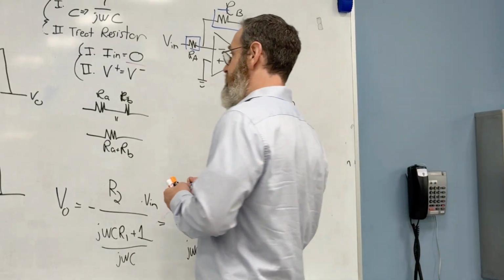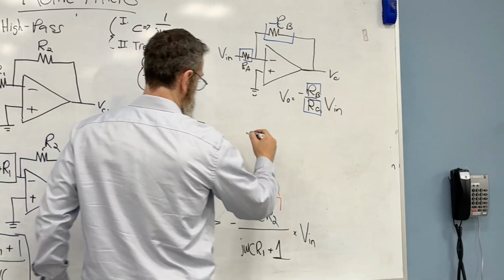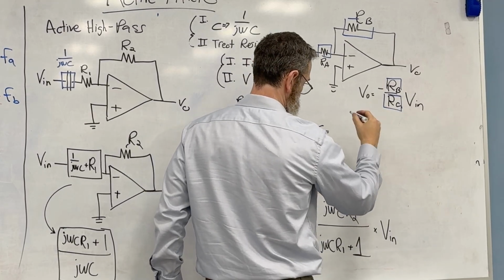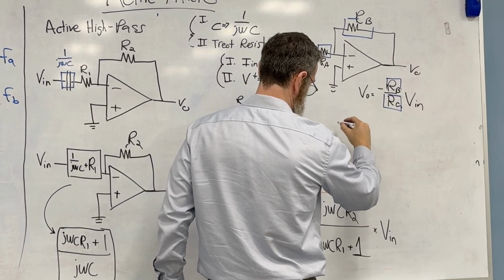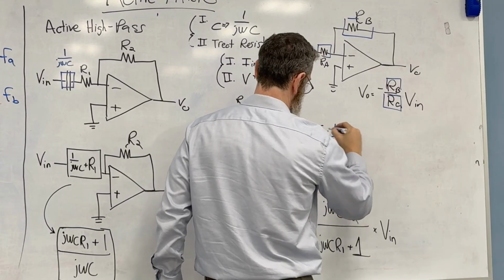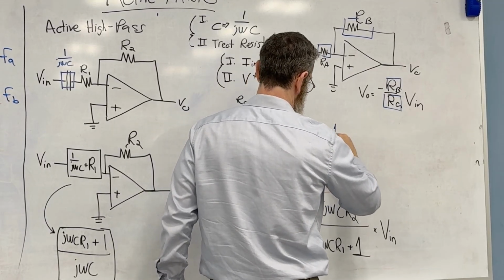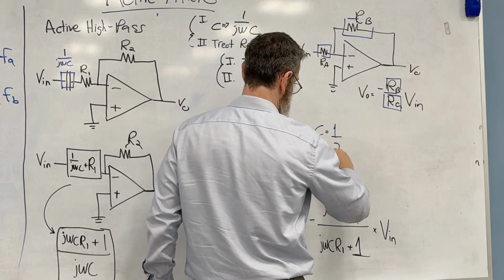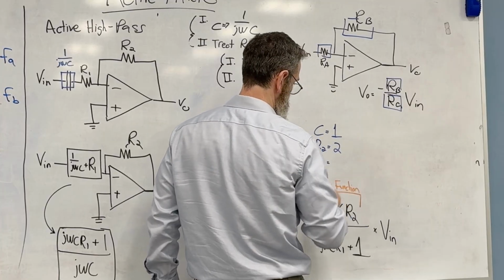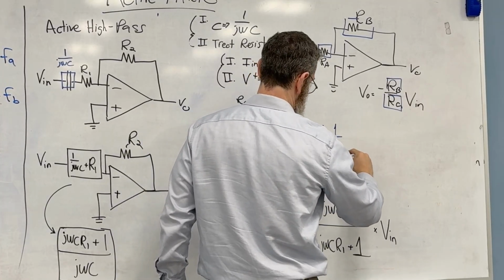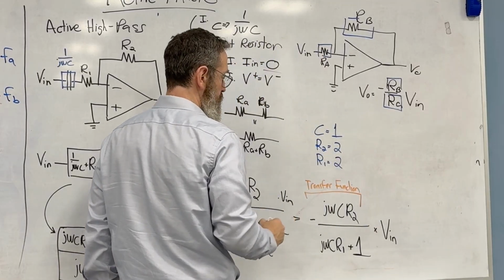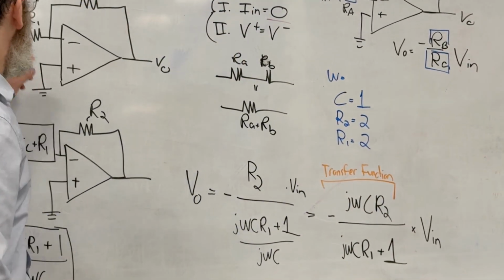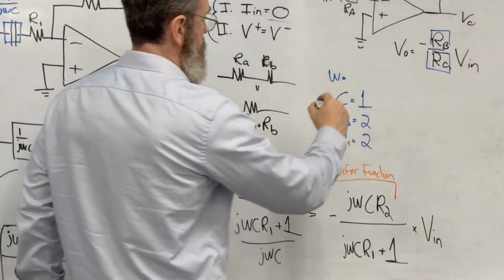I want to say that the capacitance is, I'm going to make it easy, 1, R sub 2 is 2, R sub 1 is 2 also, and the frequency, which I do need to know because that's going to factor in, the frequency of the sinusoid arriving in is 0.5.